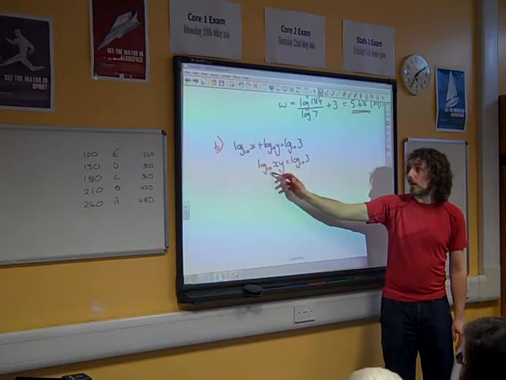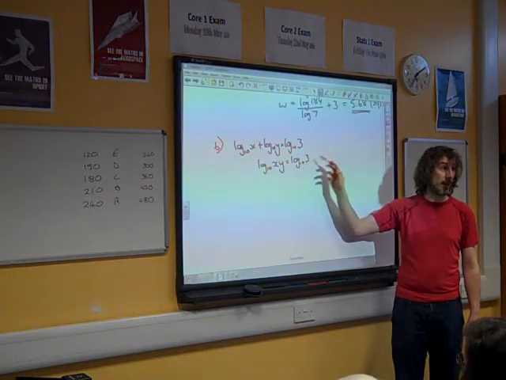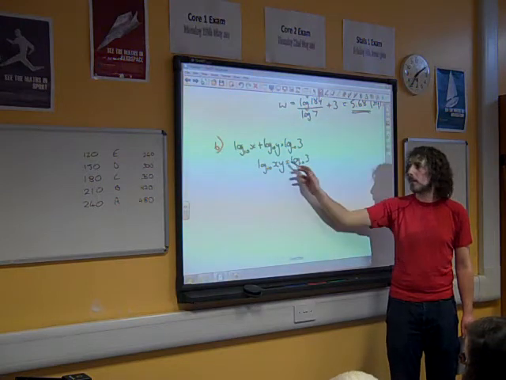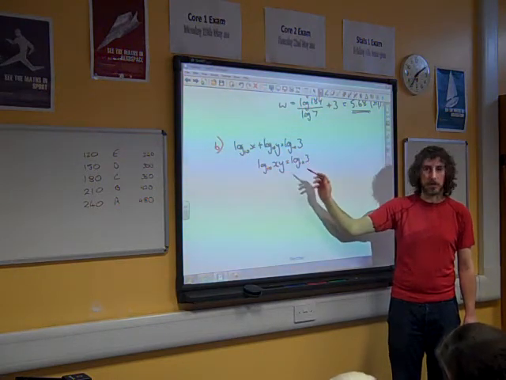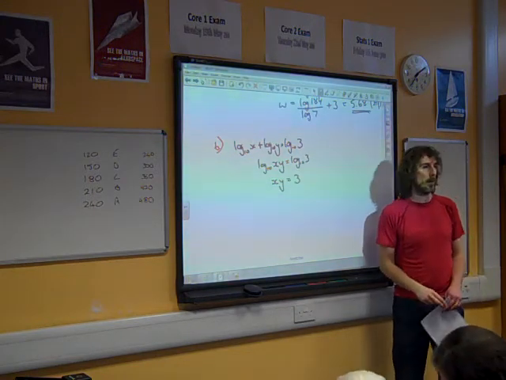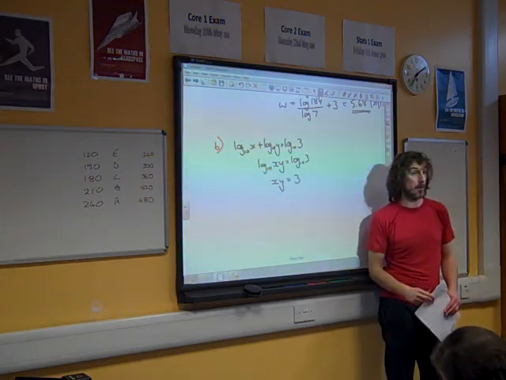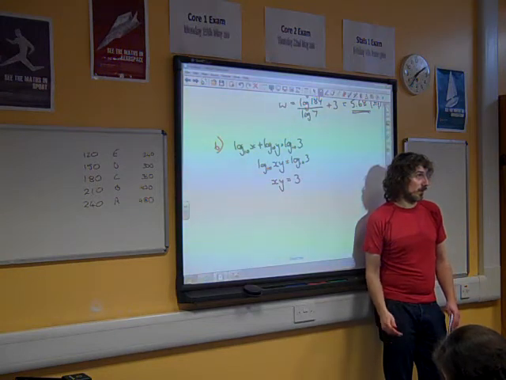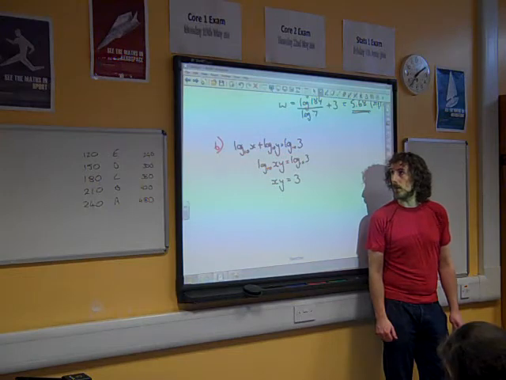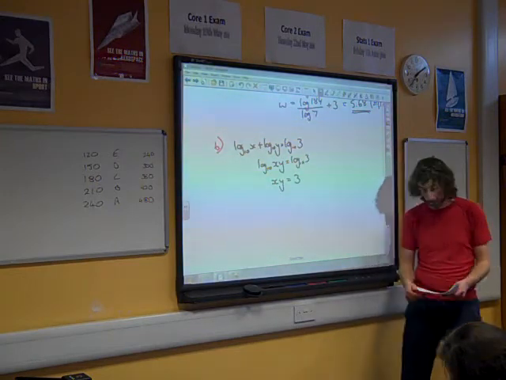If log base 10 of that equals log base 10 of that, then the two must be the same. Does that make sense? So xy and 3 must be the same as each other, because we're doing the same thing to both sides. So that's one of the equations tidied up a little bit.